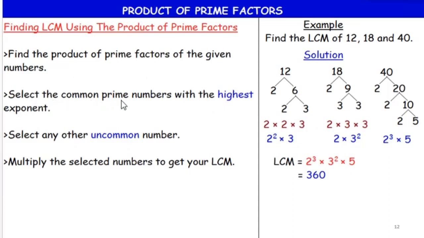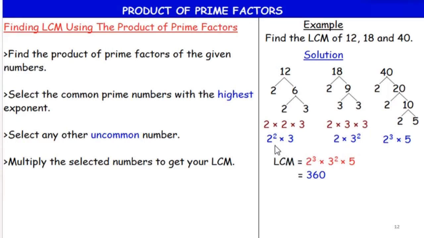Select the common prime numbers with the highest exponent. Alright, so here the prime factors for 12 is 2 squared times 3, 18 is 2 times 3 squared, 40 is 2 to the power 3 times 5. So we have to select the common prime factors with the highest exponent.